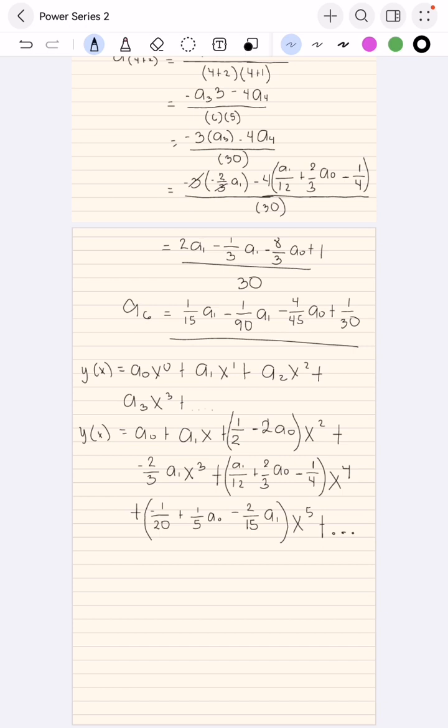So this would be the final equation of it, and I hope I was right.